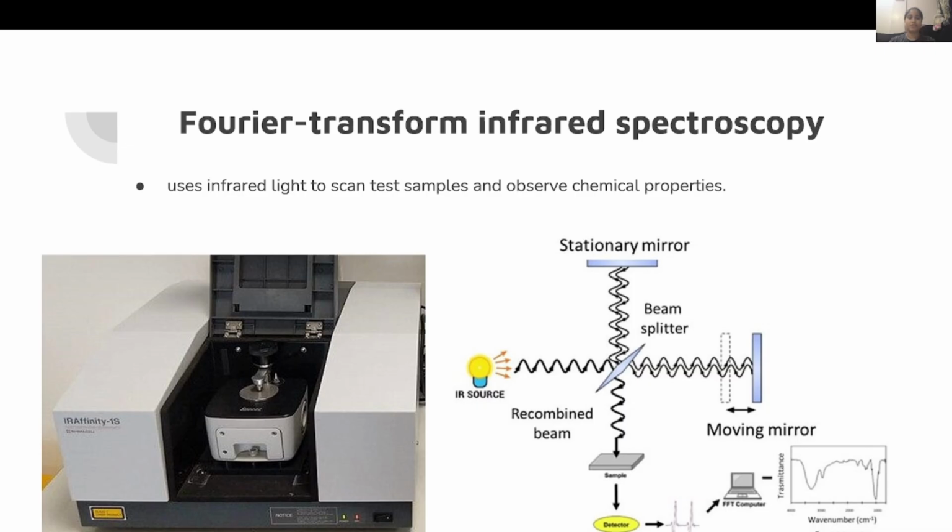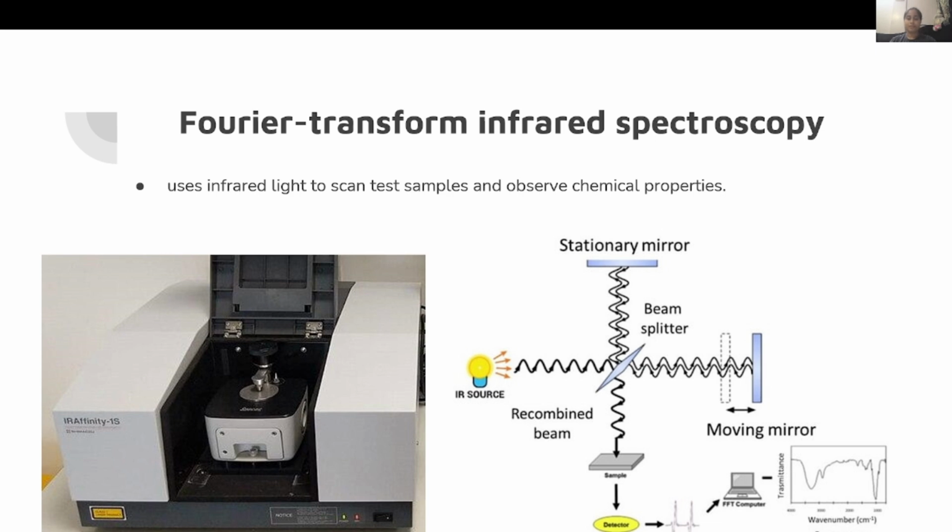Next is Fourier transform infrared spectroscopy. The goal of FTIR is to measure how much light a sample absorbs at each wavelength. So rather than shining a monochromatic beam of light composed of only single wavelength at the sample, this technique shines a beam containing many frequencies of light at once and measures how much of that beam is absorbed by the sample.